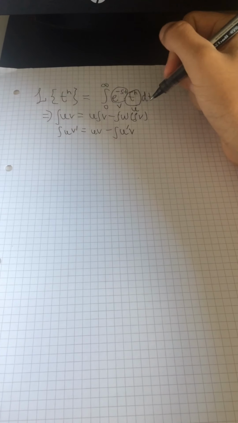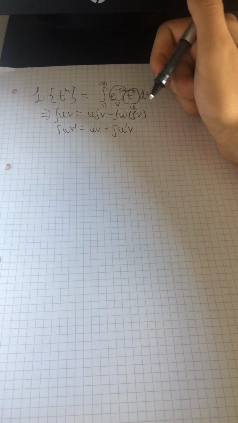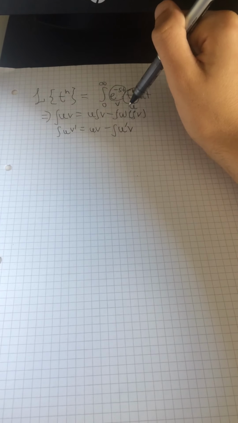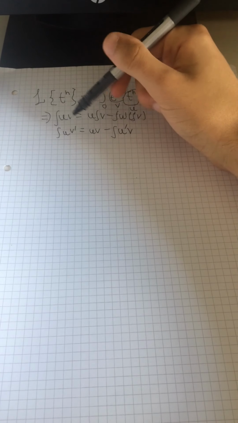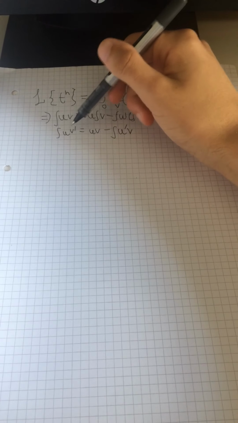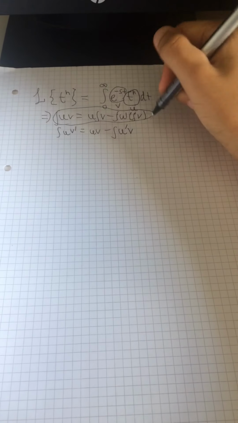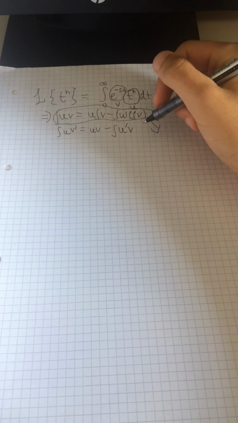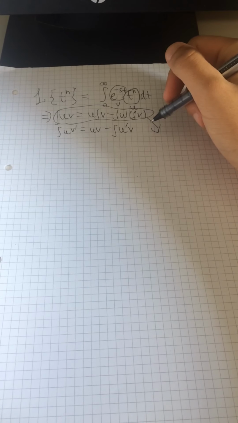I think it's because they generally like the integral notation when they're defining a formula to help people integrate, which makes sense, but it just makes you have to do extra work here with the integration of v prime, so I prefer it this way. So I'm going to stick to this. Hopefully we'll manage to do this in less than 10 minutes, because my other videos are getting really long.